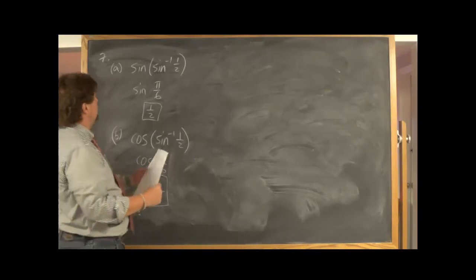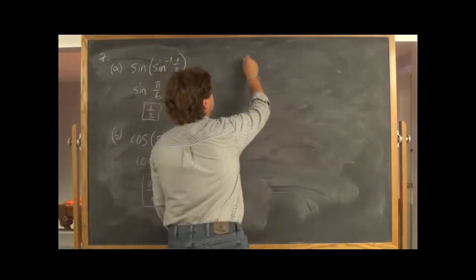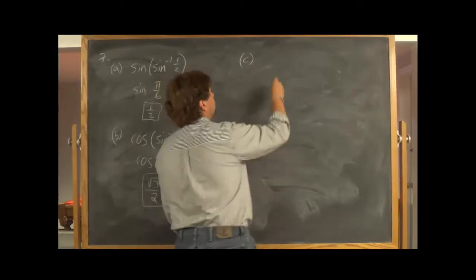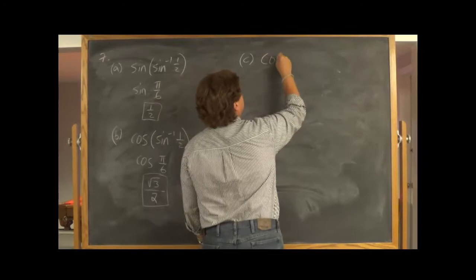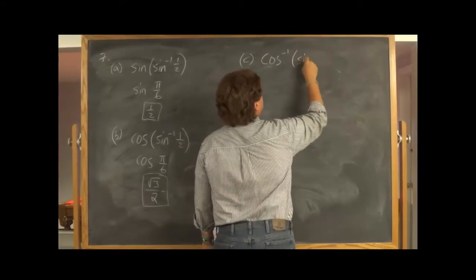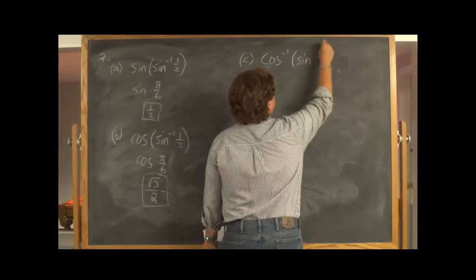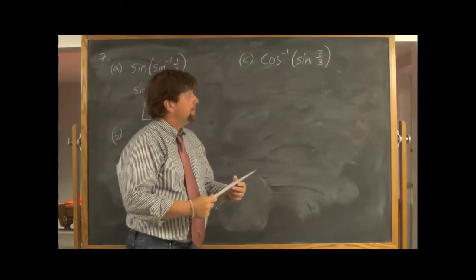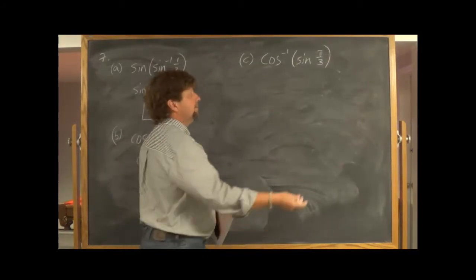So part C, you are asked to find the inverse cosine of the sine of pi over 3. Take it a step at a time.